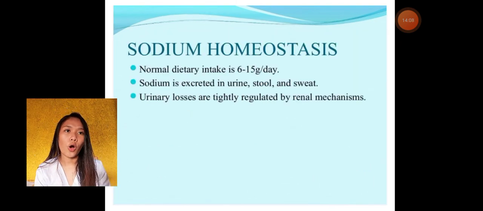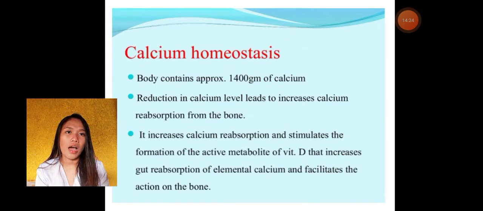So, sodium homeostasis. Normal dietary intake is 6 to 15 grams per day. Sodium is excreted in urine, stool, and sweat. Urinary losses are tightly regulated by renal mechanisms. And calcium homeostasis: the body contains approximately 1,400 grams of calcium.